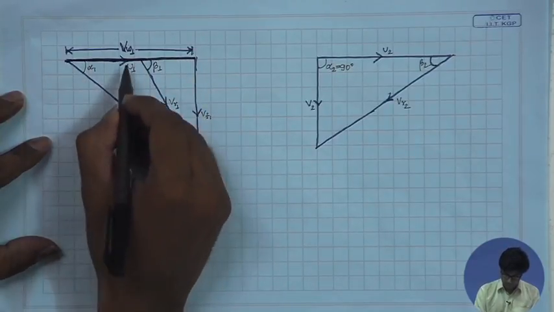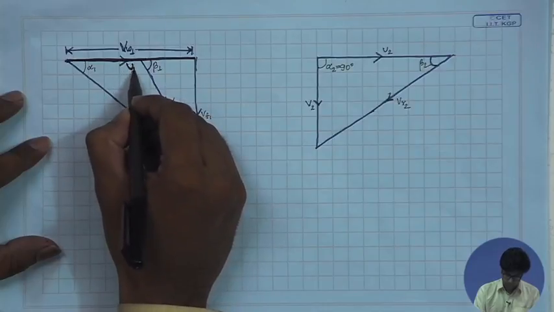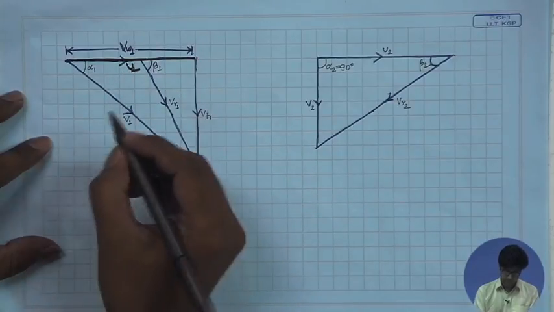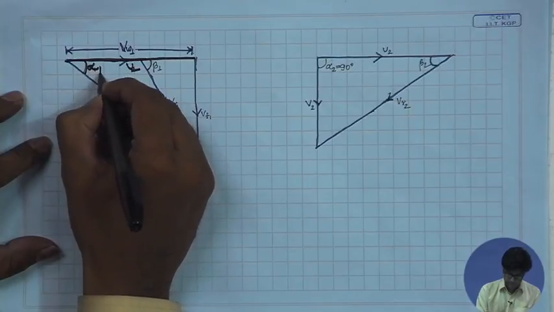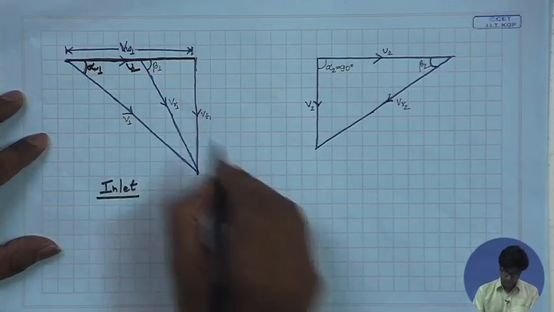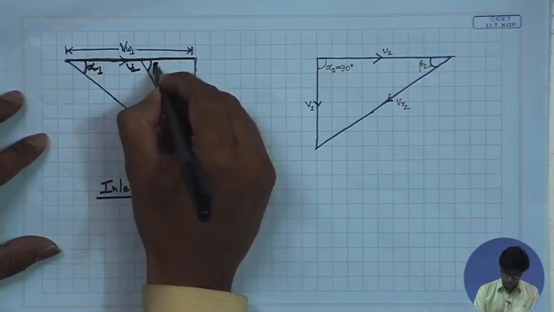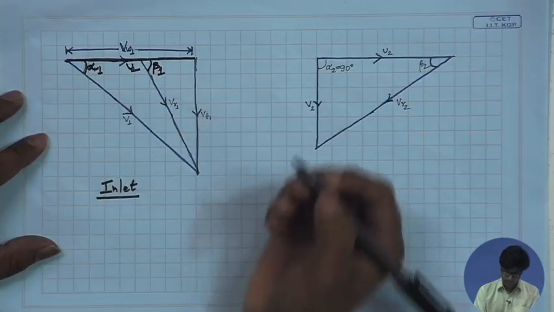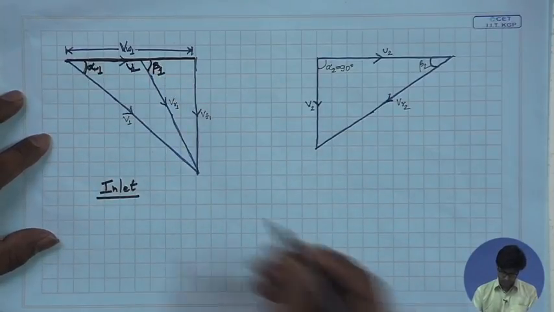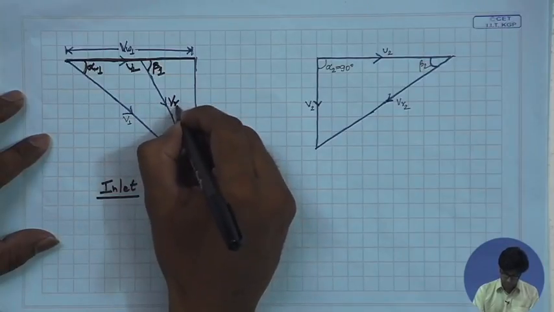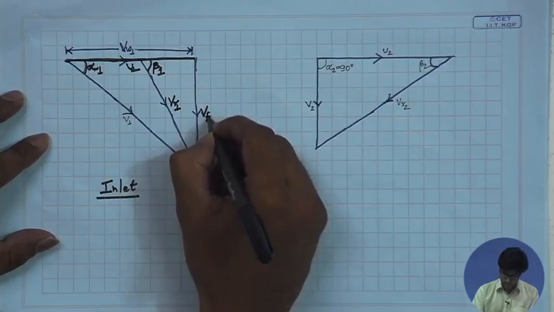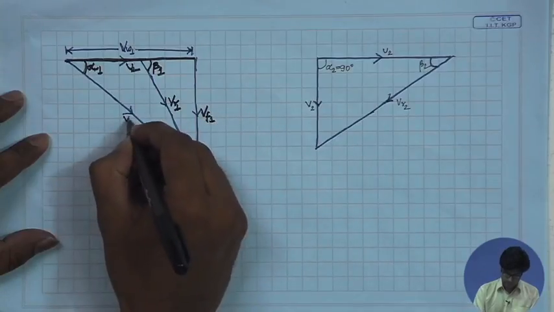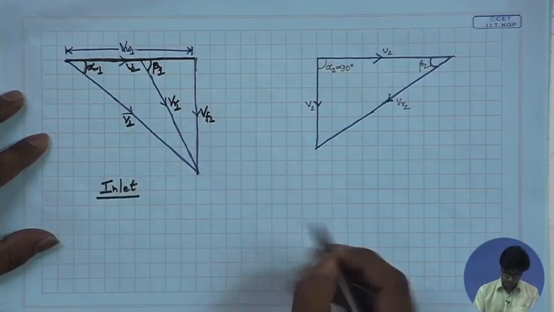This represents the peripheral velocity of the runner blade at the inlet. This angle represents the inlet guide vane angle and this angle represents the runner blade angle at the inlet. This is the relative velocity, VR1, at the inlet. This is the flow velocity at the inlet, VF1, and this is the absolute velocity at the inlet of the runner, that is V1.